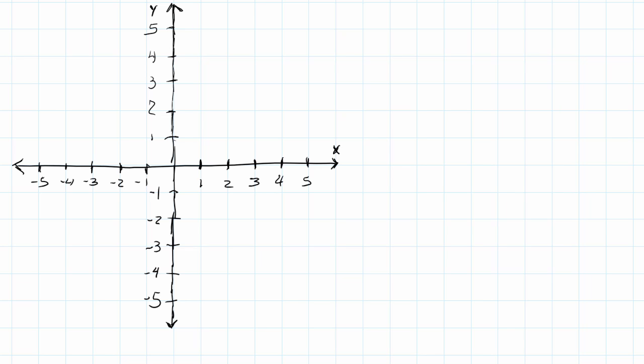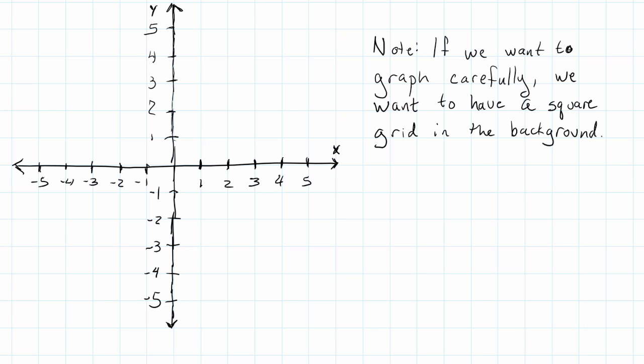Now notice as I'm doing this, I'm making use of this square grid in the background. Now you can buy packages of paper that have this kind of square grid in the background. It's called graph paper. Or you can go online and print off graph paper for free, though of course it costs what it costs you to print.